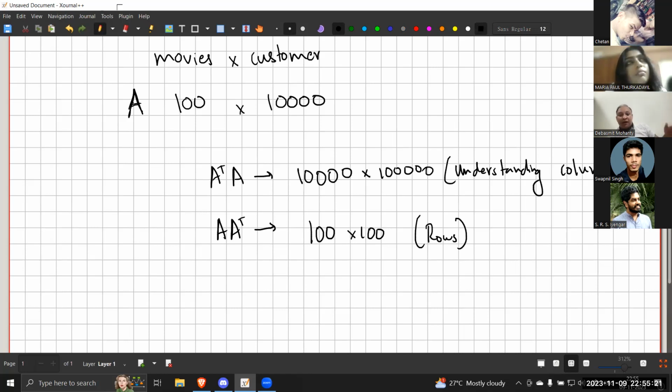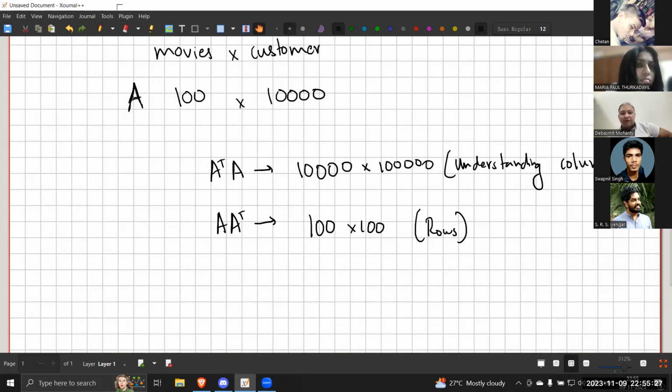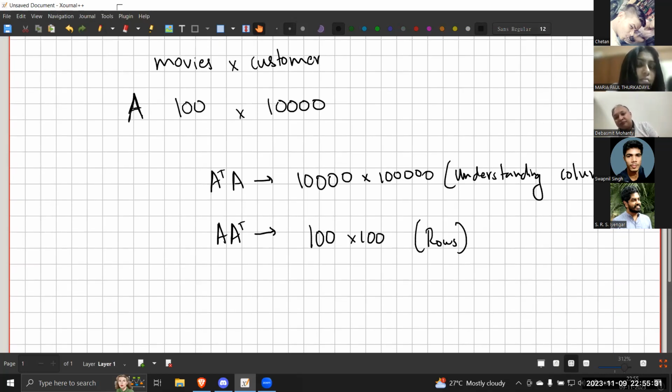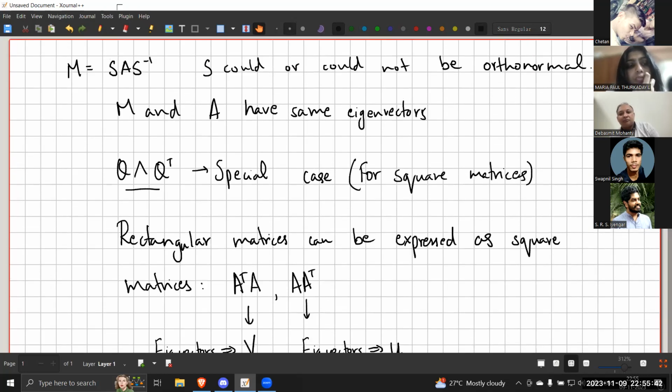Ultimately, it'll give you the answer. But if I go with the A transpose in this case, I have to do a 10,000 cross 10,000 matrix. The other one will be 100 cross 100. So I'll get a faster answer. So the idea is to finally get this Q lambda Q transpose only. That tells you that some of the eigenvalues you can ignore, along with the corresponding rows and columns, and then you see what comes as an entry there.